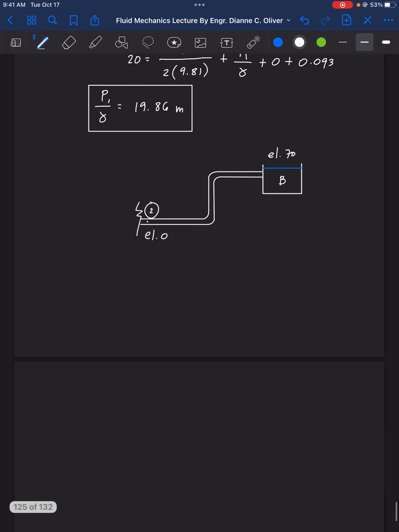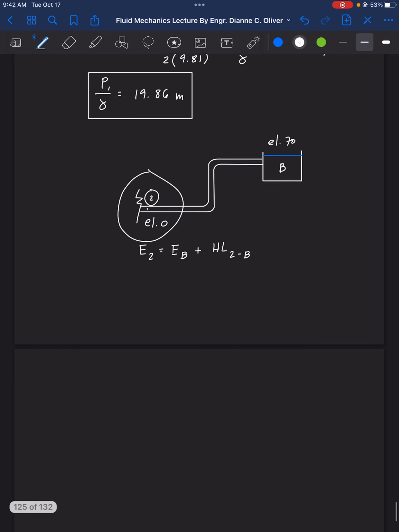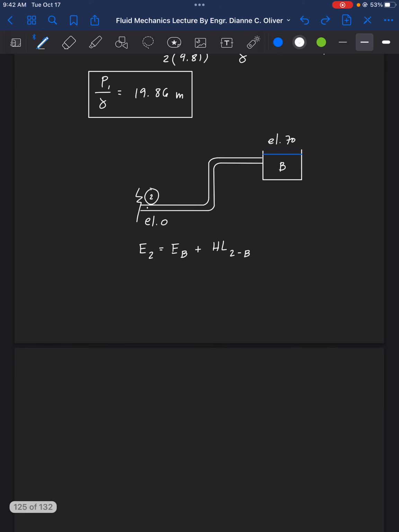There. So the equation here is energy at 2 is equal to energy at B plus head loss from 2 to B, and we have the value for head loss to B already. Since point 2 is enclosed, we can have velocity head there. We also have pressure head on pipe 2 because it is enclosed.